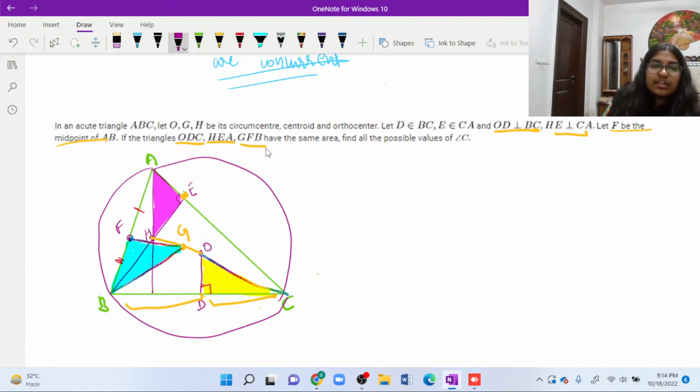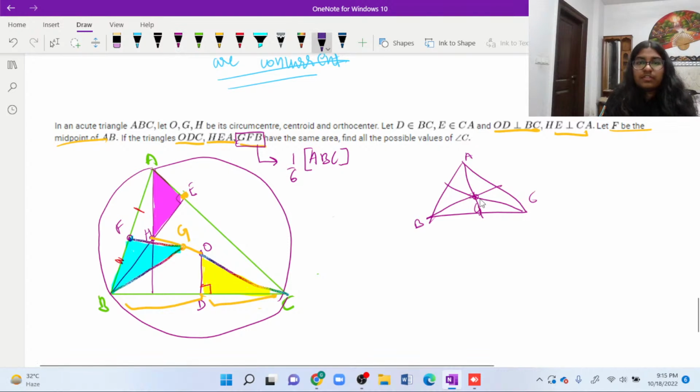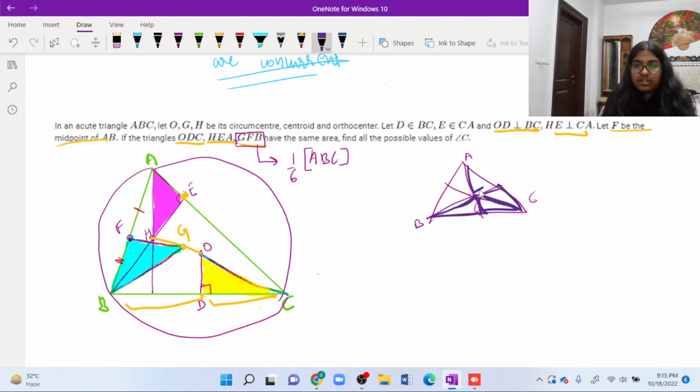So the first thing that clicks to me is that FGB is 1/6 of the area of ABC, because this is ABC, this is G. These areas are all equal, because G is the centroid and this equals this, this equals this, so the areas are also in the same ratio.